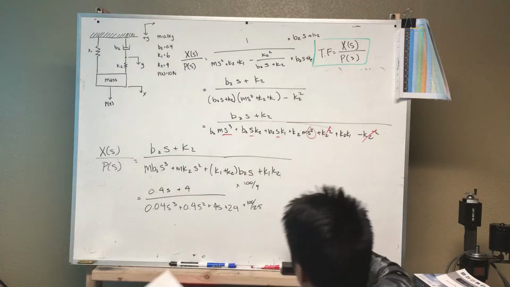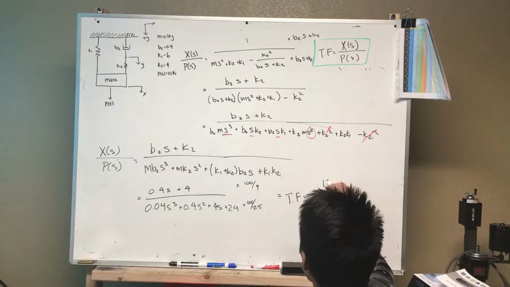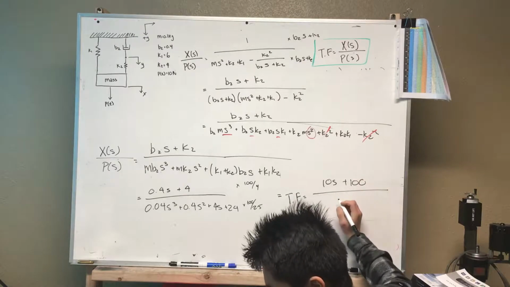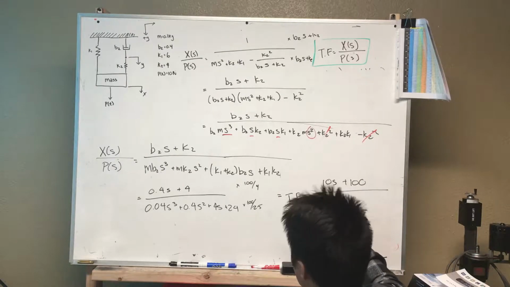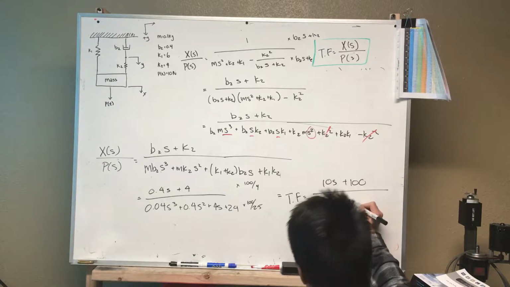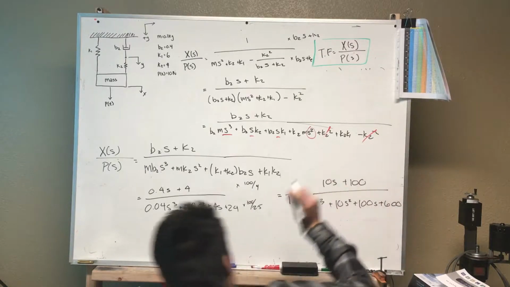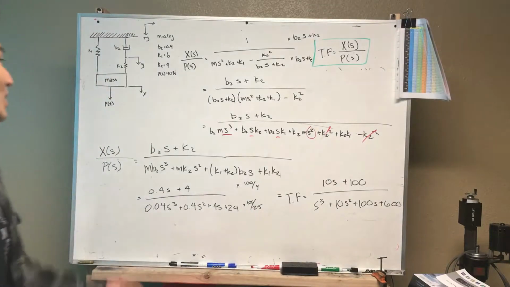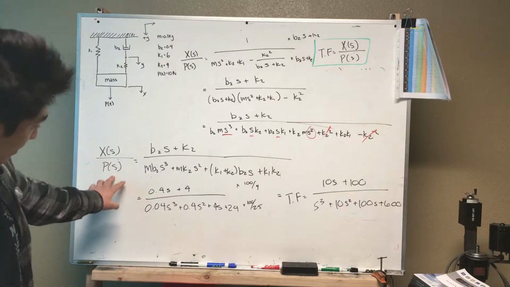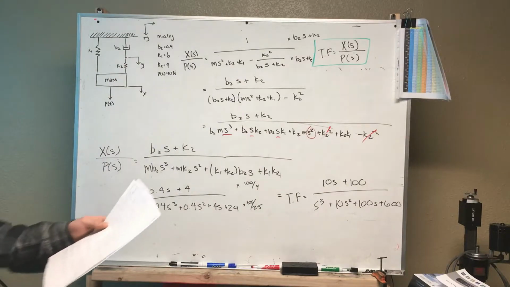So we get our transfer function to be 10s plus 100 over s cubed plus 10s squared plus 100s plus 600. Now that is our transfer function. So we went through there, put into 2 different equations, came over here, put it in the Laplace domain, got our transfer function, and after we plugged in the values, it looks very, very nice.